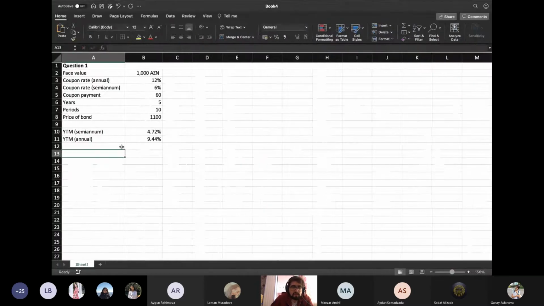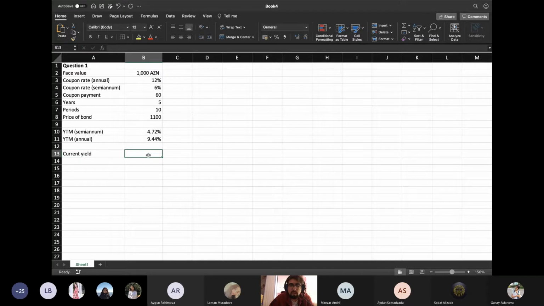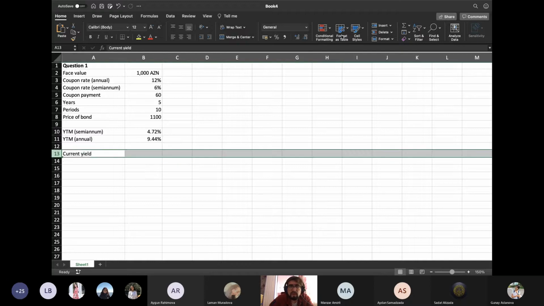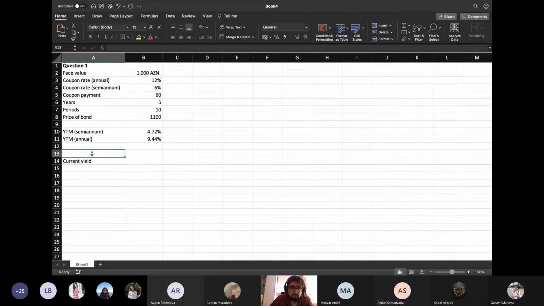Then current yield. In order to find current yield, we need to find coupon payment annual, because regardless of whether the frequency is annual, semi-annual, monthly, weekly, or quarterly, current yield should be expressed in annual terms.